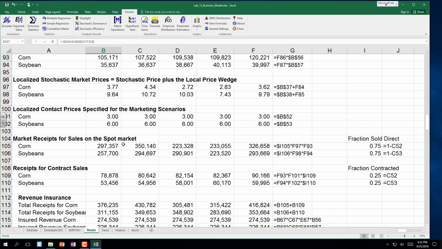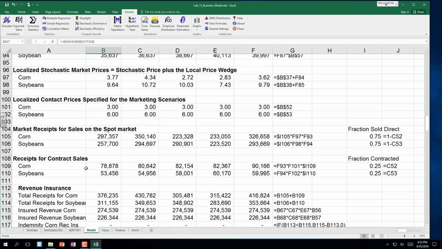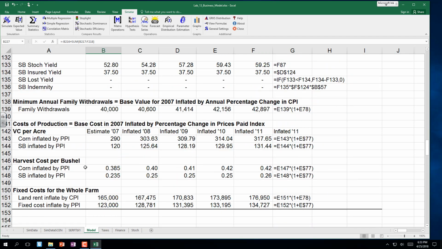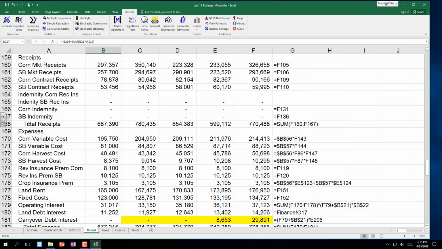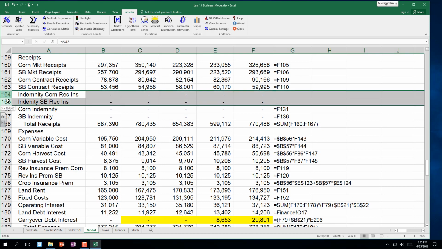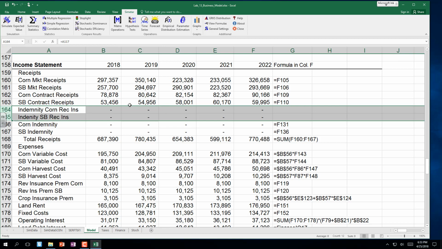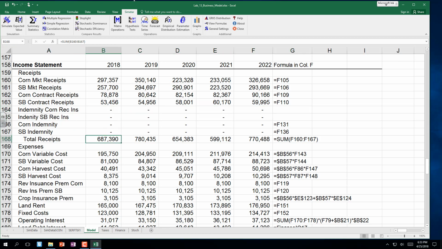Question? Can you go back to your income statement real quick, just to make sure I put these in? Okay, on the income statement, the indemnity is counted as a revenue up there with the receipts. Okay? And so in expected value, your receipts the first year should be $670,000, last year $752,000.